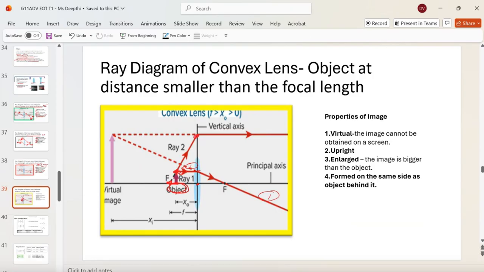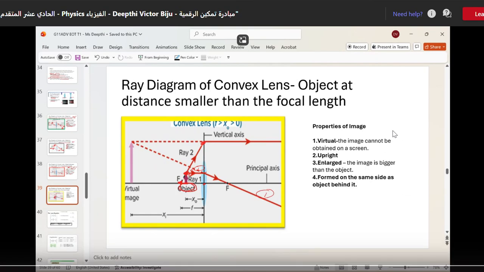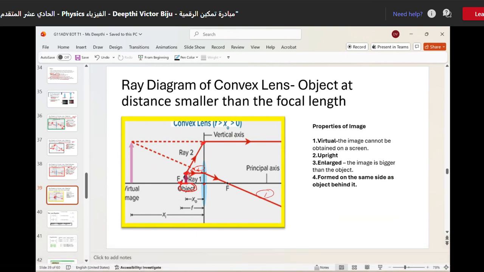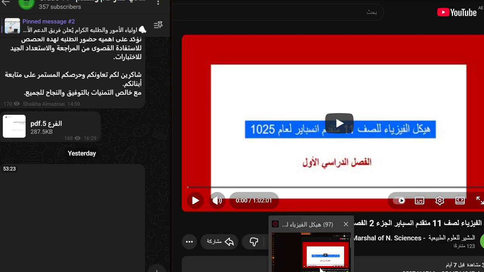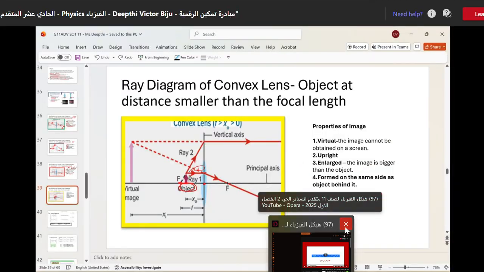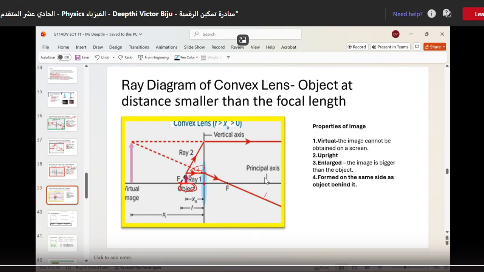It should look like the light is coming from the focus, but the light should only start from the object. Don't draw a solid line from the focus, only draw a dotted line from the focus. You should start the line only from the object, but it should be coming straight from the focus, then reach the center of the lens and go straight. So this is the second line.